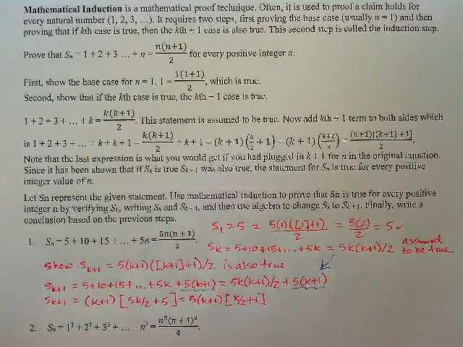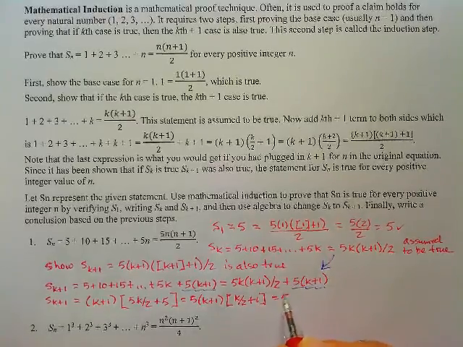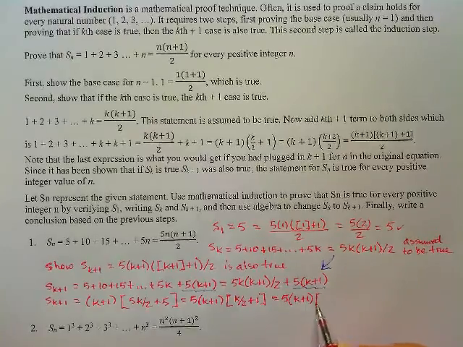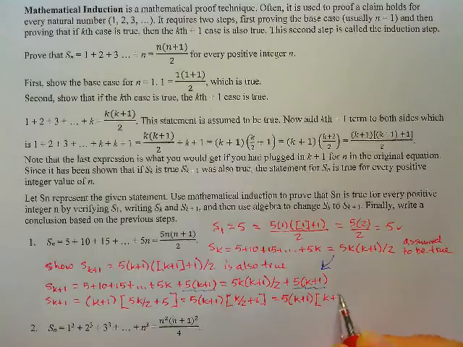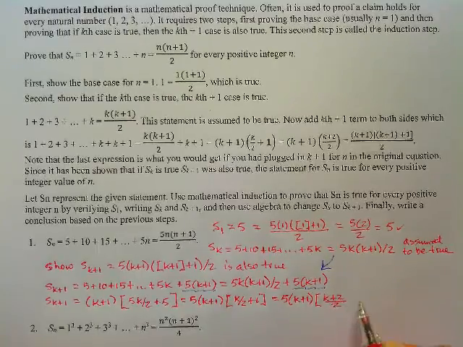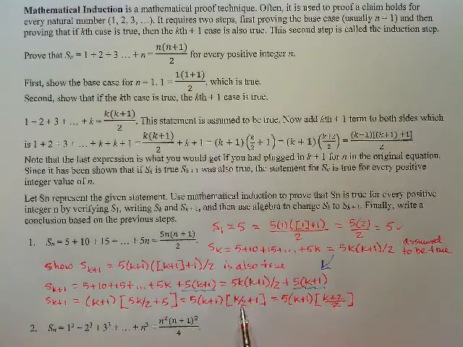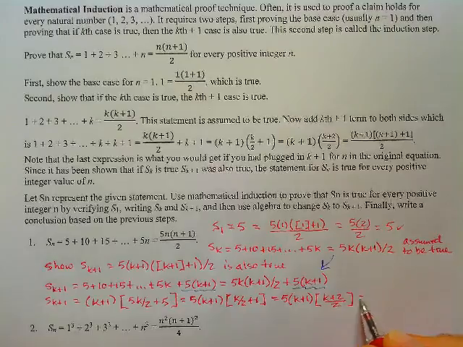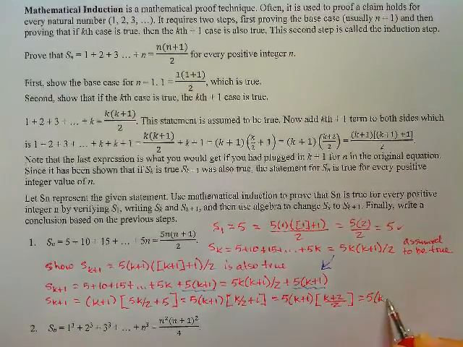Note how this is very similar to what we had before. So that is 5k plus 1. And then we have k plus 2 over 2. Because the 1 will be 2 over 2, so that they have the same denominator, I can put them together. And finally, separating the 2, I have 5 times k plus 1.